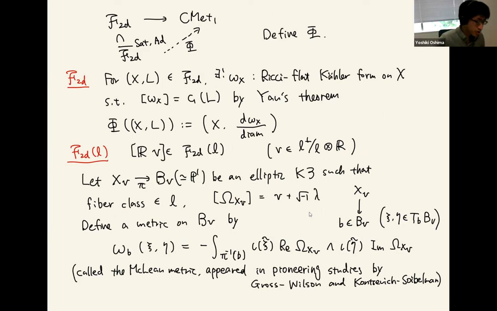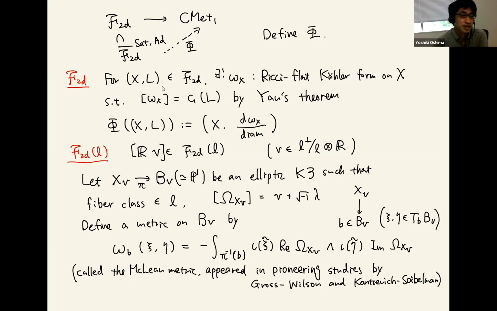And now we want to consider a map from this Satake compactification to metric spaces. So first, for the interior part F2D, we have polarized K3 surfaces.